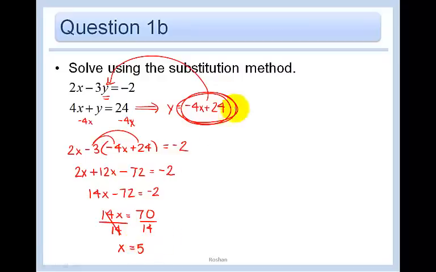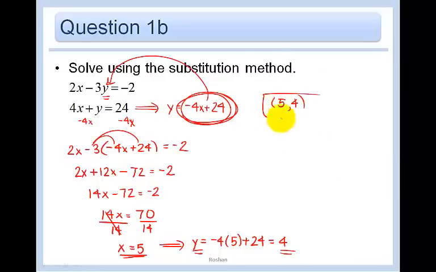And so if x equals 5, then y equals? y equals -4 times 5 plus 24, or negative 20 plus 24, which would be 4. So our answer is x equals 5, y equals 4, or you can put it in an ordered pair and say the point (5, 4) is our solution.